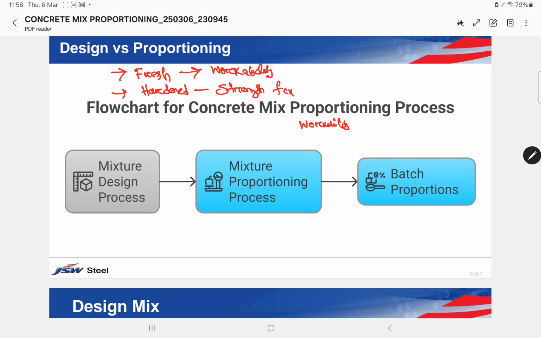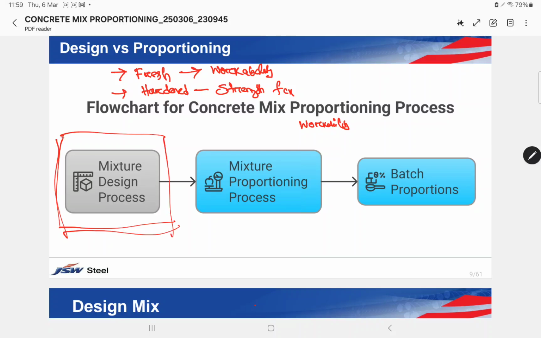Also, what is the dimension of the structure, because once you know the minimum dimension, you can decide the maximum aggregate size that you can use. So there are other things. The major thing is the mix design process.